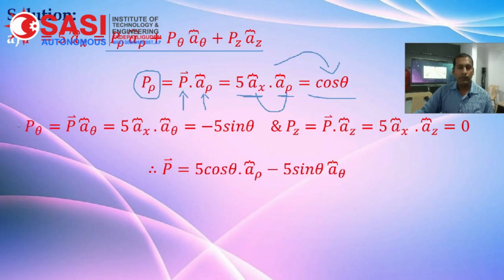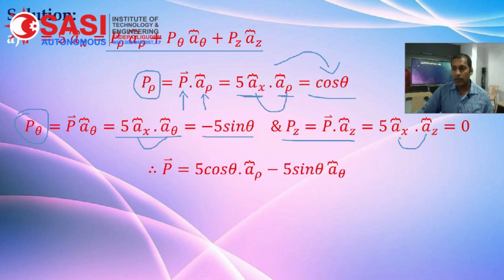Similarly, for P_θ we have magnitude and direction. Again this dot product will give minus sin θ. So here we got minus ρ sin θ. And similarly P_z, z is the same, but the dot product of a_x cap and a_z cap will lead to 0.